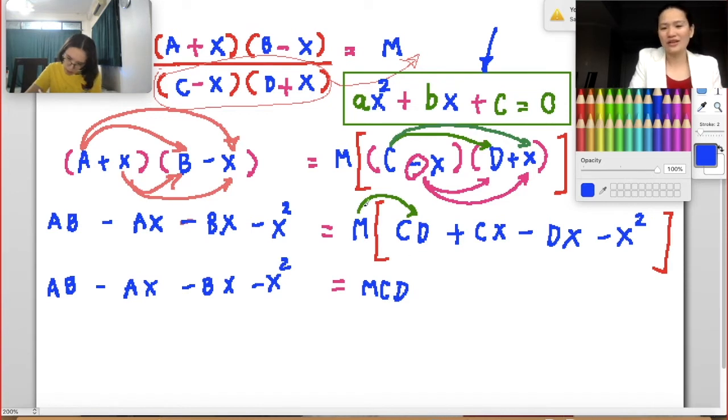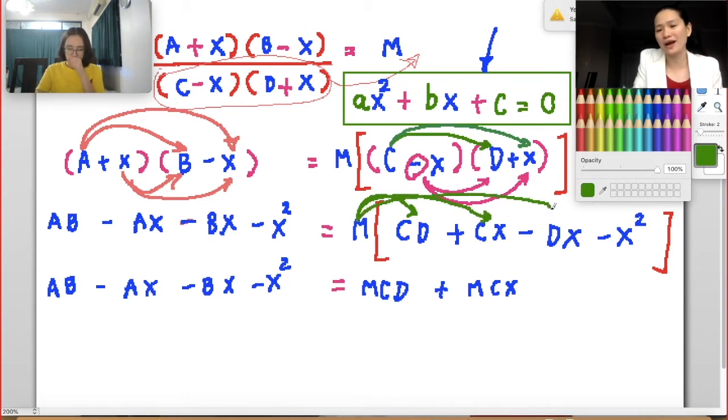Then the next one, you multiply M with CX, you're going to get MCX. Then how about I multiply M with negative DX, what I'm going to get? Negative, yes, correct.